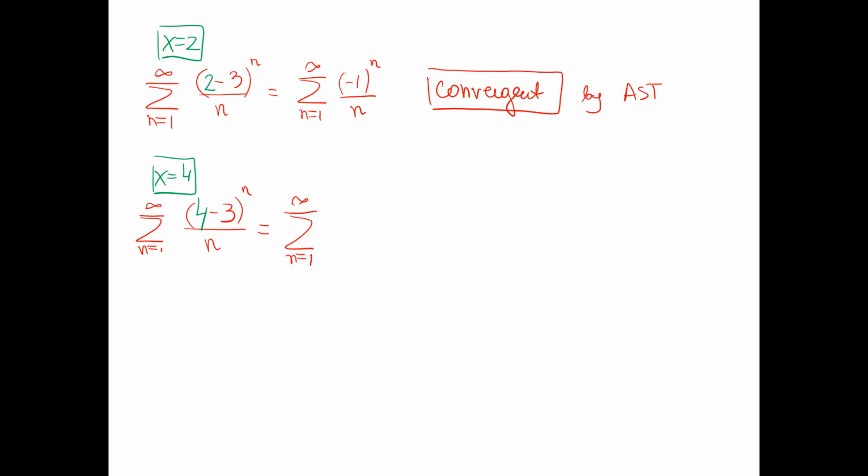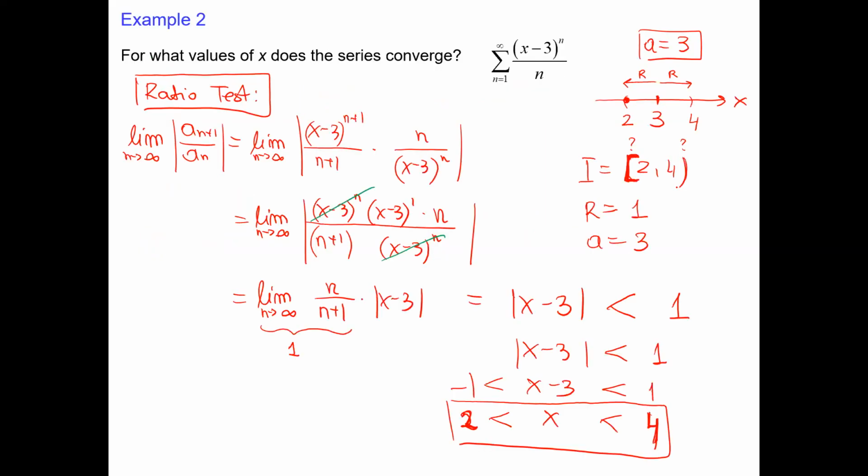We're supposed to get something nice. 4 minus 3 is 1. 1 to the power of any number is 1. 1 over n. Harmonic, divergent. This series is divergent. That means 4 will stay open, and we're not including 4 because x equals 4 is providing divergence.